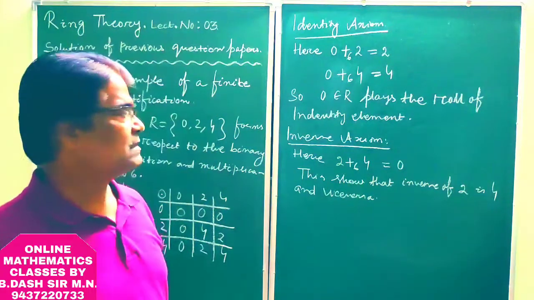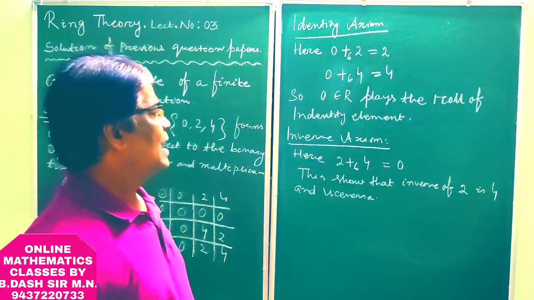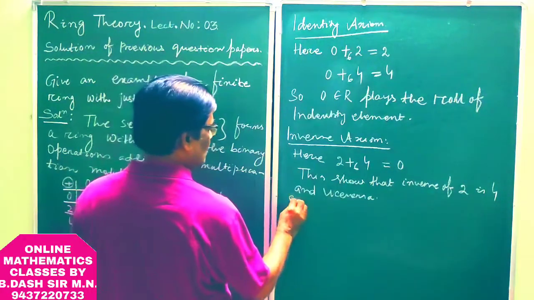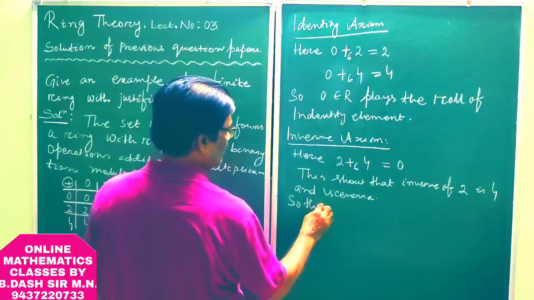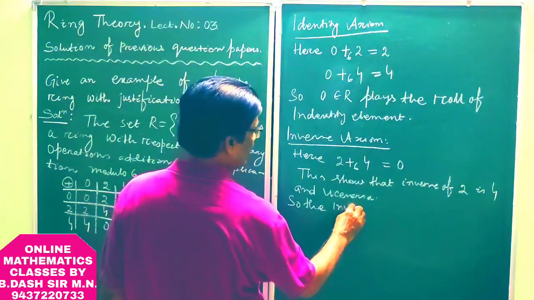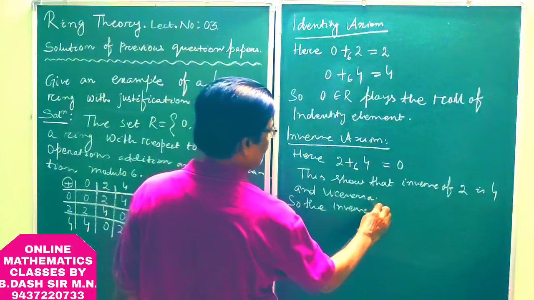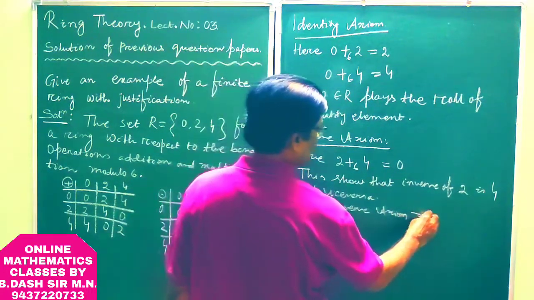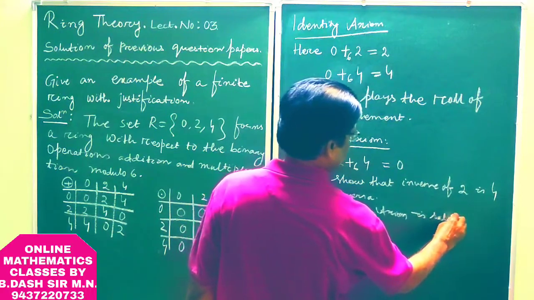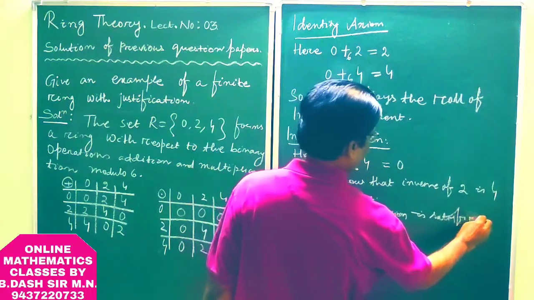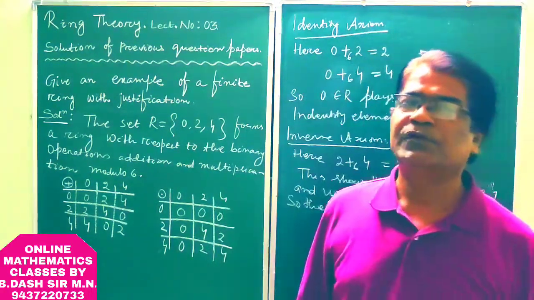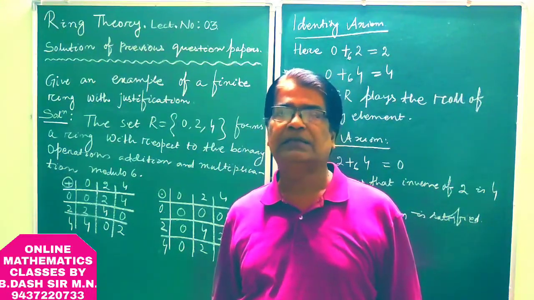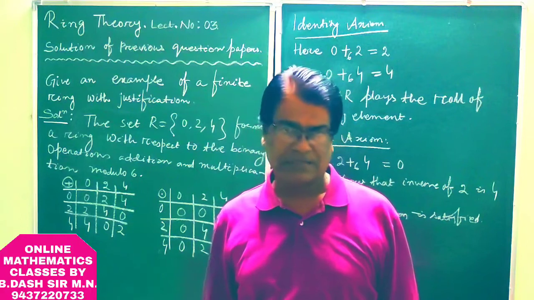That means the inverse of 2 is 4 and the inverse of 4 is 2. So the inverse axiom is satisfied. Now let us proceed to prove the commutative axiom with respect to addition.